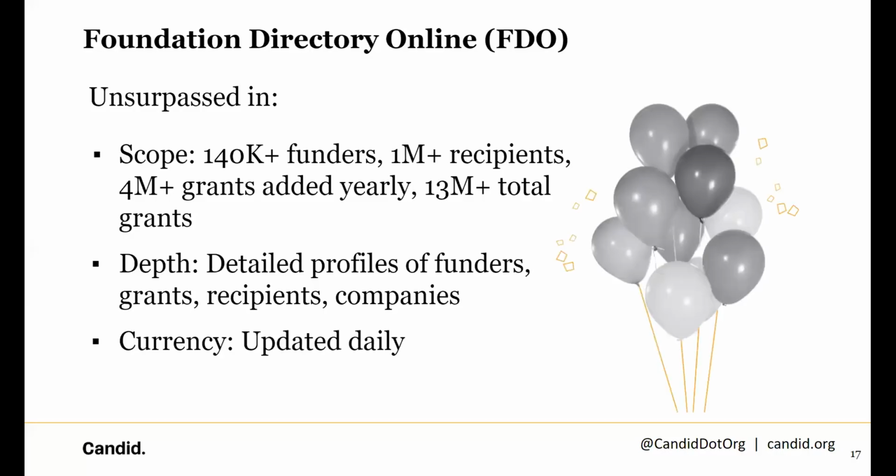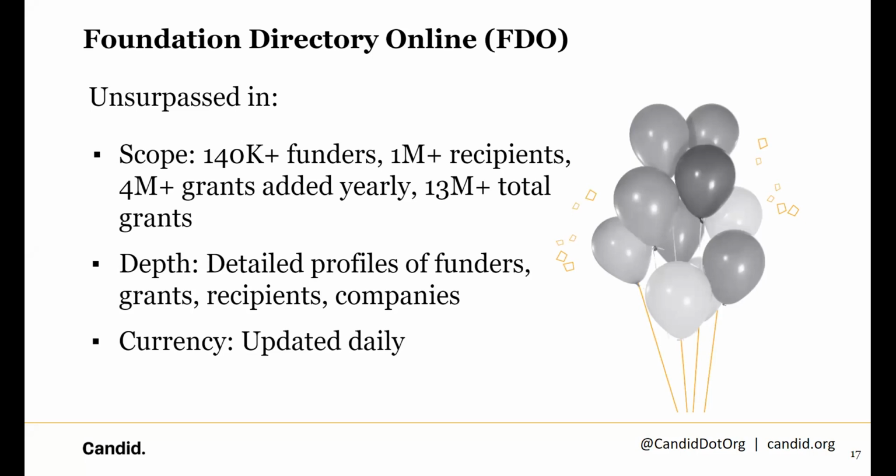All right, so now that you've started to think about your funding needs, you can start to explore Foundation Directory Online. This robust tool is unsurpassed in its scope, depth, and currency. I listed out some of the stats on Foundation Directory Online here on the page. You can see there's tons of information on funders, recipients, and grants.